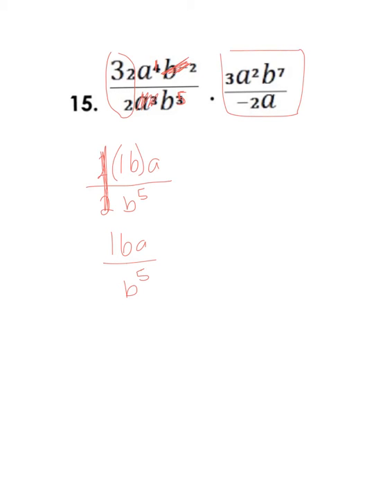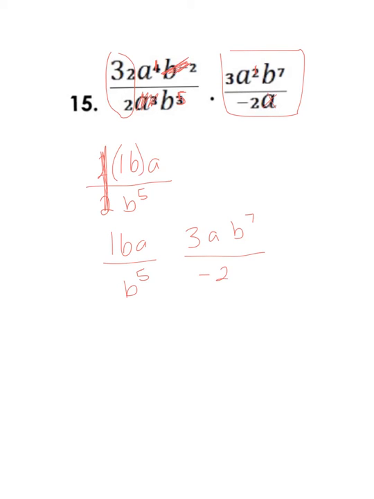Let's focus on this side now. I've got a to the first and a to the second, so I could get rid of one pair. That's just going to be a to the first. And b to the seventh is just going to stay up there, so I'm going to have 3a b to the seventh over negative 2.